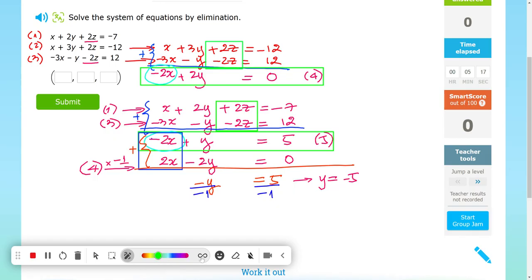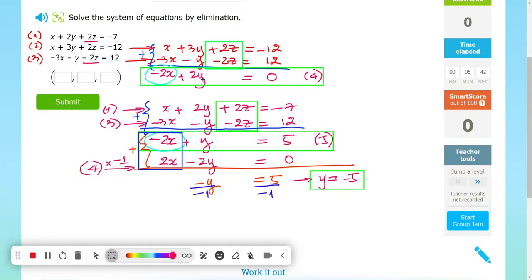Okay, so I solved for one variable, y. Okay, done. So now I need to look for the values of x and z. Okay, but take a look over here. I should find the value of x first, because in equation number 4 or number 5 we have only two unknowns, x and y.